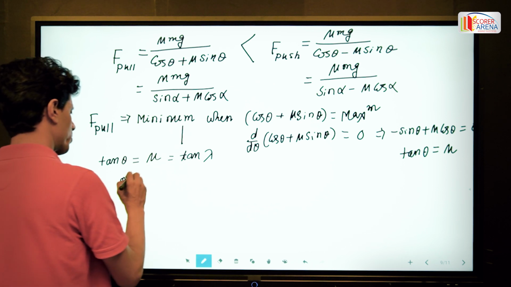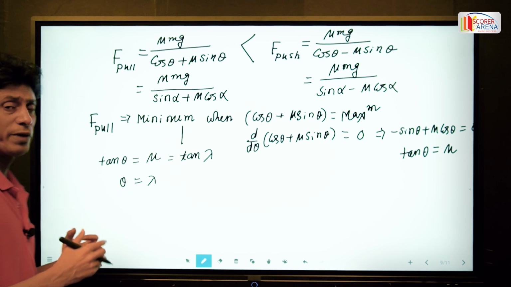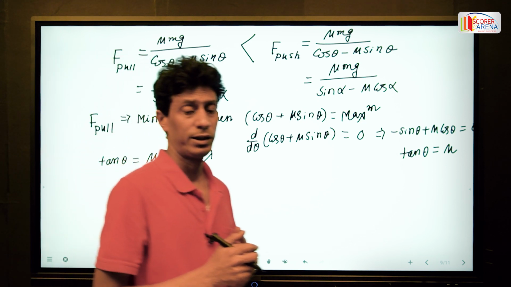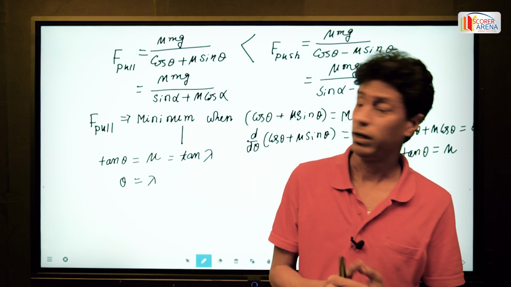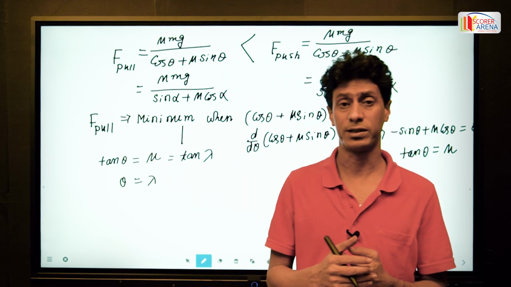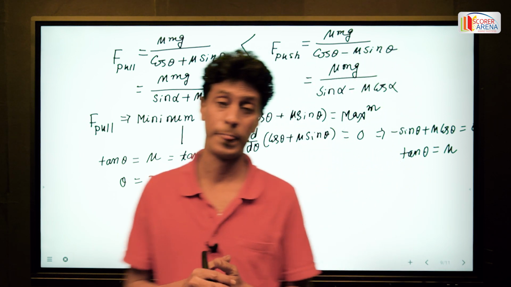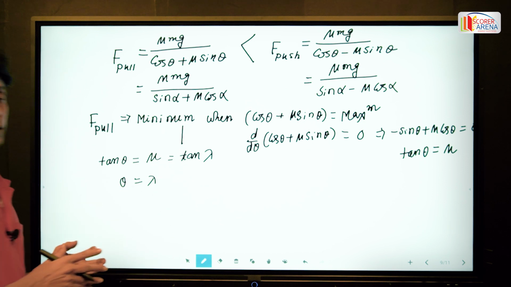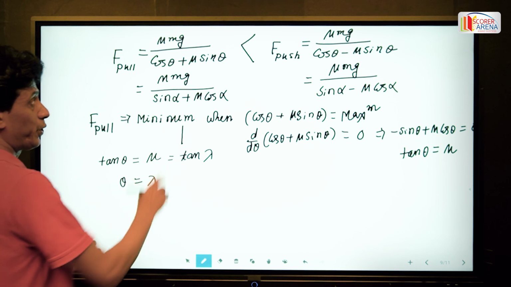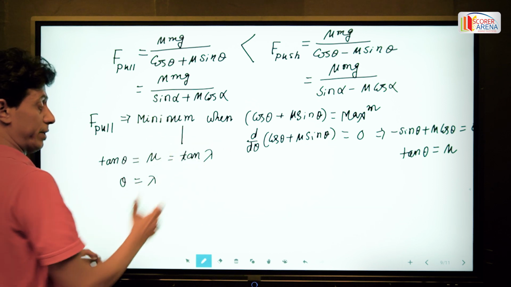So here theta is equal to the angle of friction. So any body can be moved by the minimum effort if the angle of the pulling force with the horizontal is equal to the angle of friction. So any body can be moved with minimum effort when the angle of the pulling force with the horizontal is lambda.